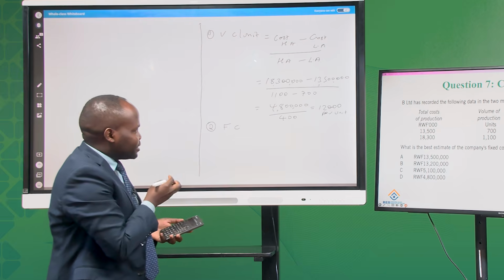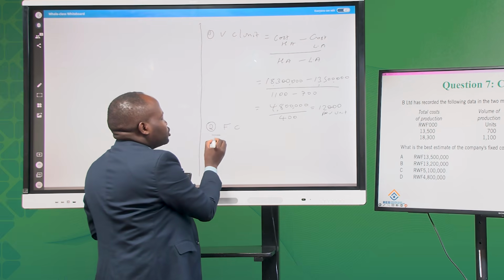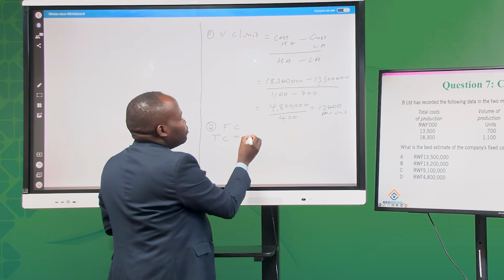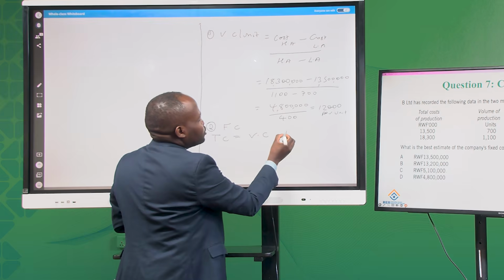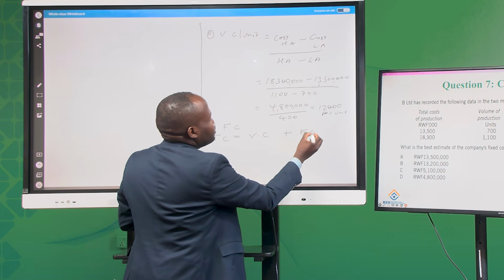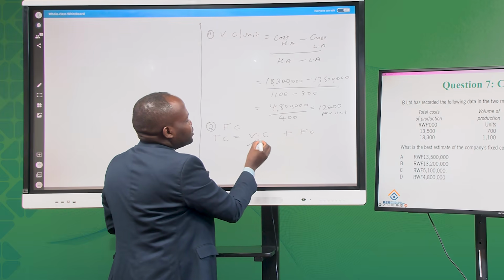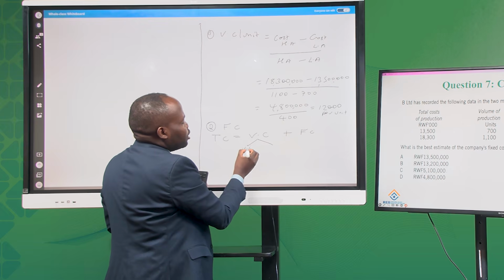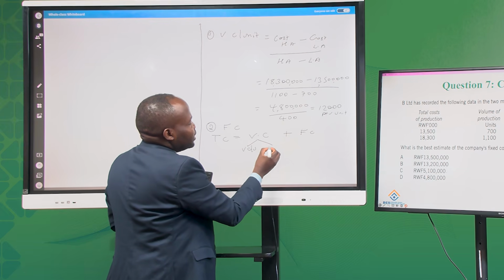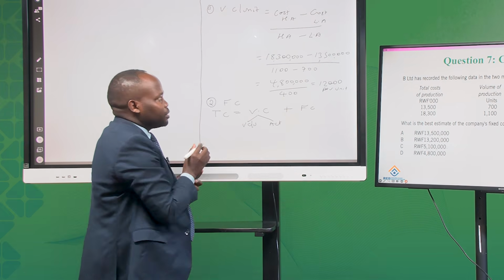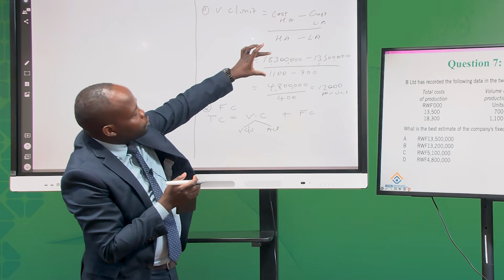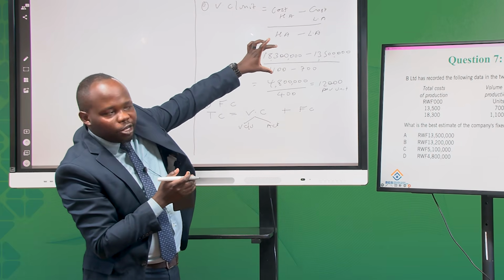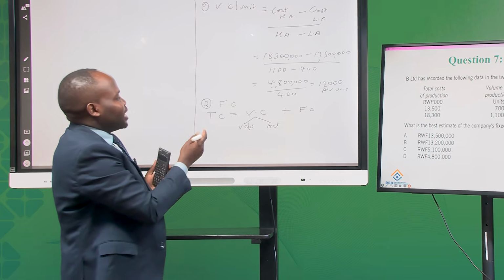Now we saw last time that total cost is equal to variable cost plus fixed cost. So variable cost has two components: variable cost per unit and the activity. So we decide to use the variables we had used in the question when it started.